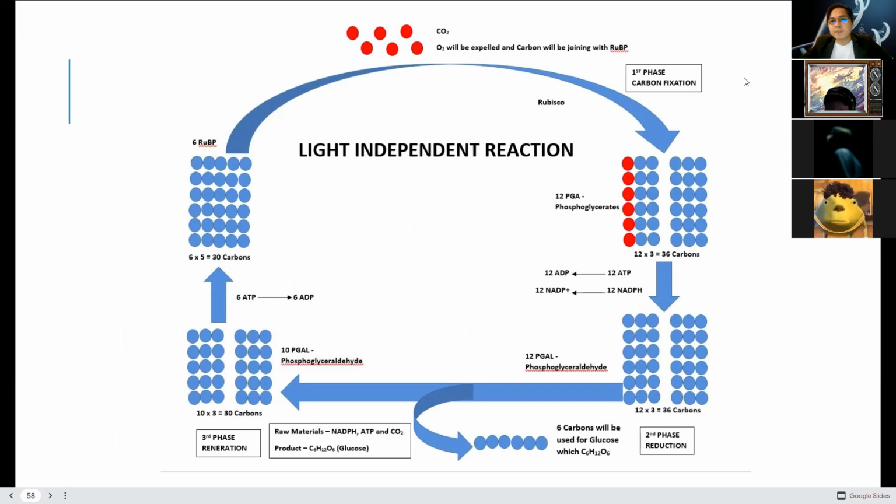The first phase of the light-independent reaction is carbon fixation. During carbon fixation, the carbon in the atmosphere fuses with RuBP to create PGA or phosphoglycerate.